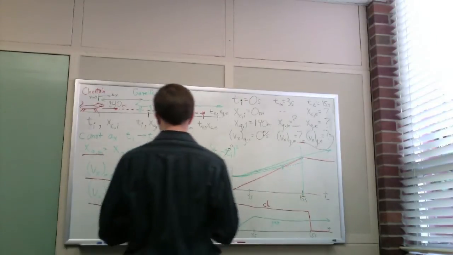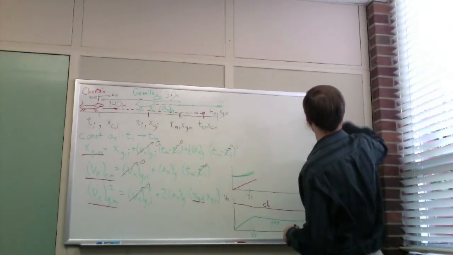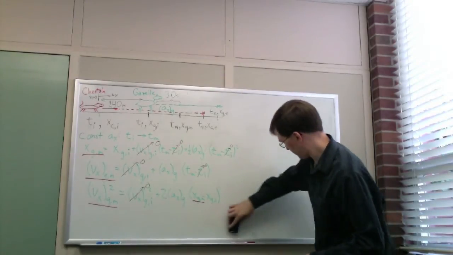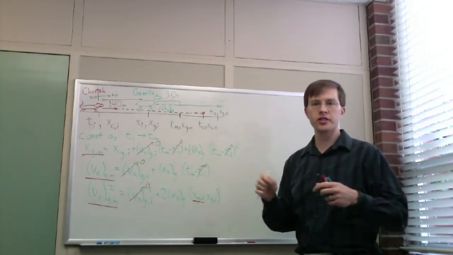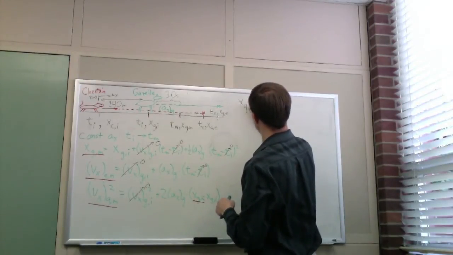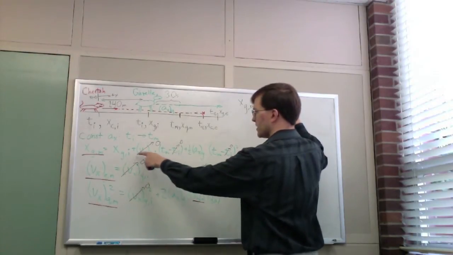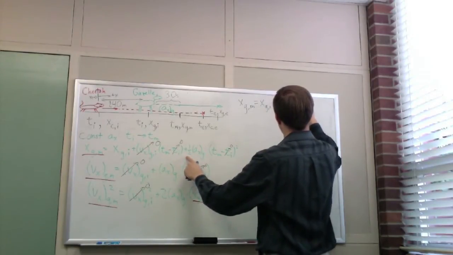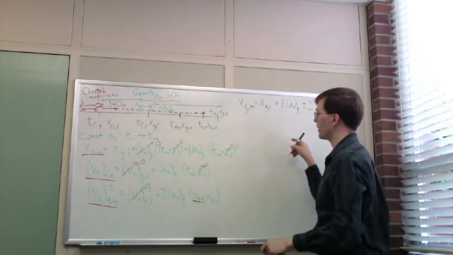Okay. So let's simplify these equations down and look at them. We can choose which ones we need to solve for our unknowns. I'm just going to copy these equations up above with the zeros plugged in. This one gives me x gazelle maximum equals x gazelle initial, plus 0 times stuff, which goes away, plus 1/2 ax for the gazelle times tm squared, the time for the maximum speed squared.